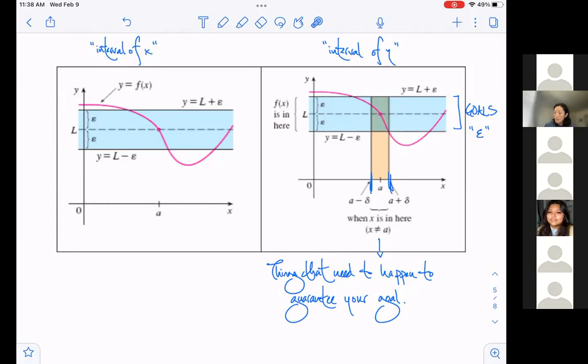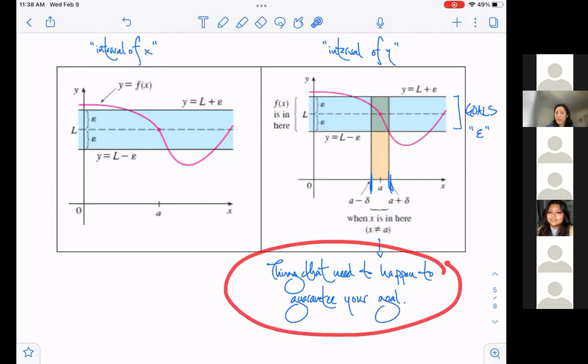Okay, so think about it like, what's your acceptable range, right? What's that acceptable range for your output? And in order to do that, you might have to have a certain definition of the things that you're going to do to guarantee that goal, right? Maybe it's not that you ask a question every single day and you go to every single office hours and you go to every single tutoring.